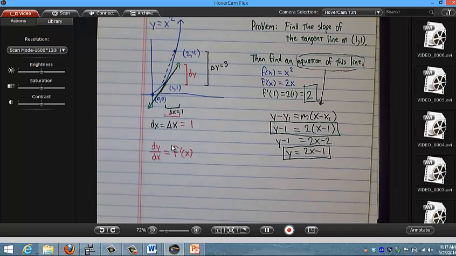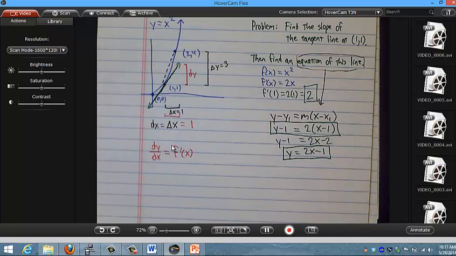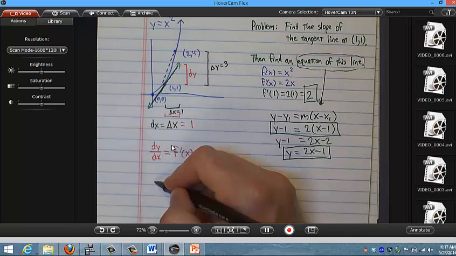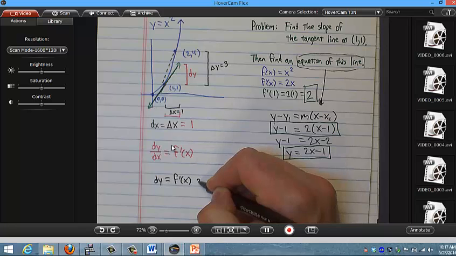One of the reasons that Leibniz came up with this was he wanted to talk about differentials, which he called infinitesimal quantities, very small quantities. Very small change in x, very small change in y. And so what he would write down is the other equation I had on the slide, which was dy is f prime of x dx.